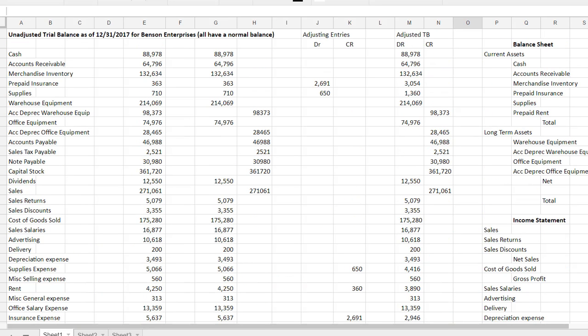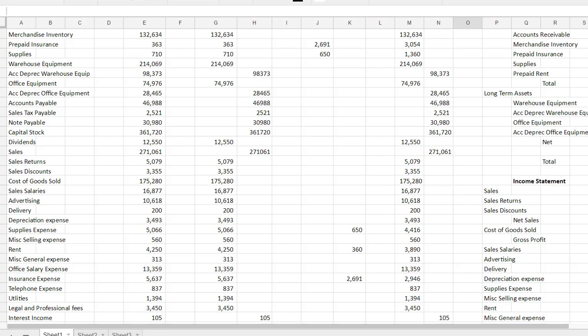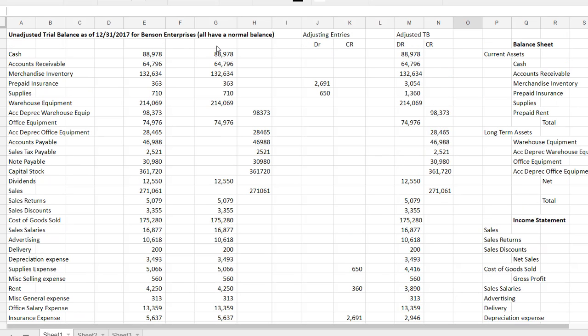The information that you were given is in this spreadsheet. We gave you a trial balance, an unadjusted trial balance as of 12/31/2017. These accounts, these amounts, and then I have simply put them in the normal balance with the debits on the left and the credits on the right for each account.